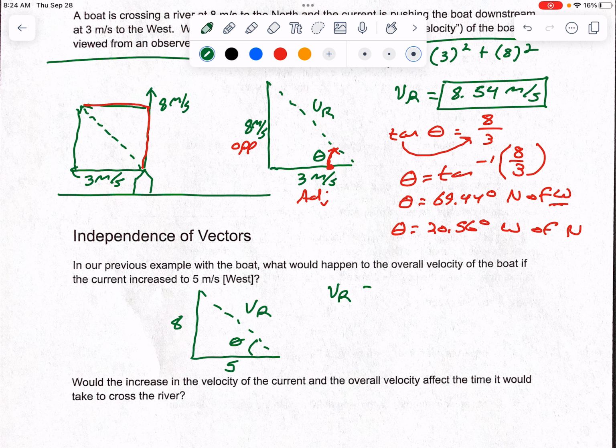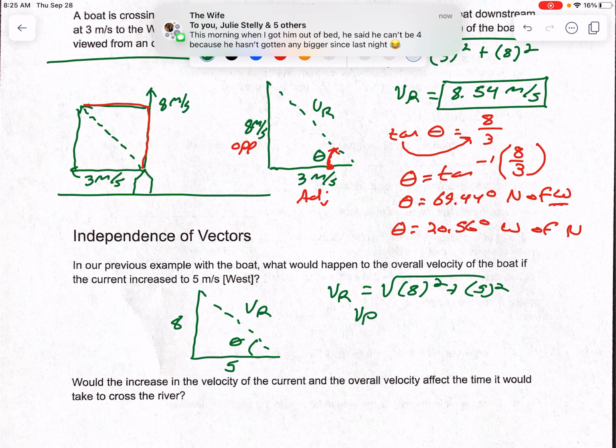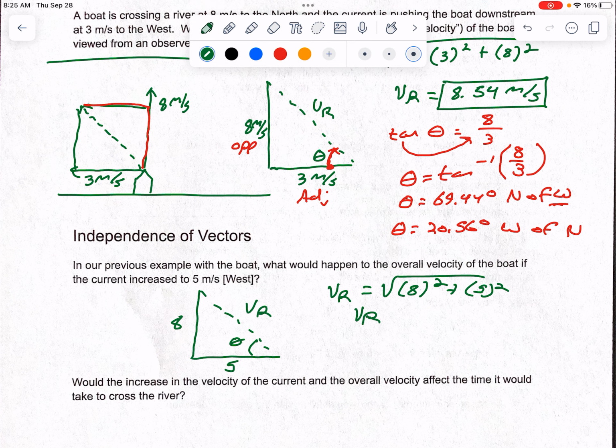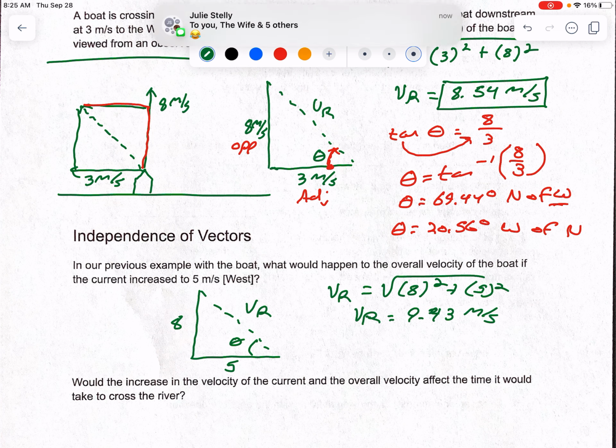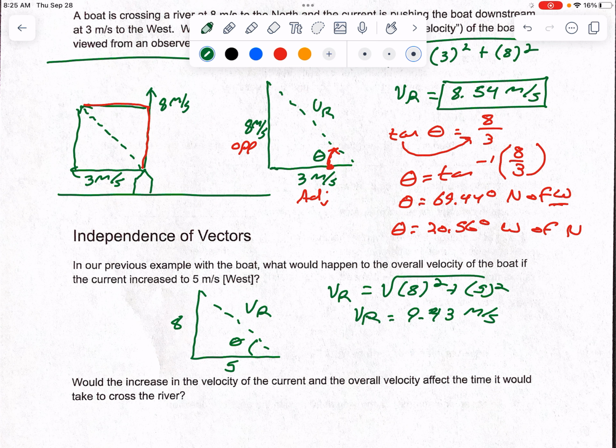So we're going to do our same Pythagorean theorem. So the square root of 8 squared plus 5 squared. And you're going to get a VR of 9.43 meters per second. So that did affect our resultant. Now we're going to see what our angle is. So we're going to do our inverse tangent of opposite over adjacent.